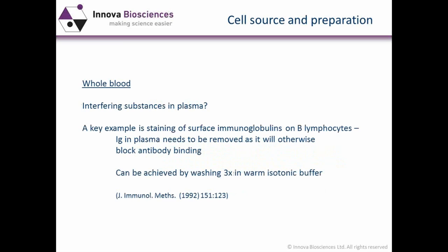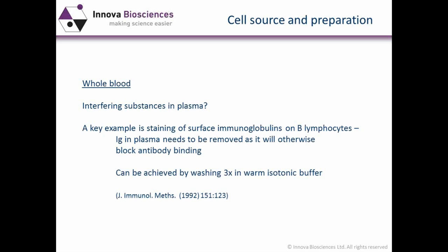Another thing to consider with whole blood is, are there any interfering substances in the plasma? The primary example here is immunoglobulins. There is a very, very high level of immunoglobulins in the plasma. And if you are looking to stain surface immunoglobulin on B lymphocytes, the soluble immunoglobulin in the plasma will actually block the staining of the antibodies simply because there is a huge excess of it.